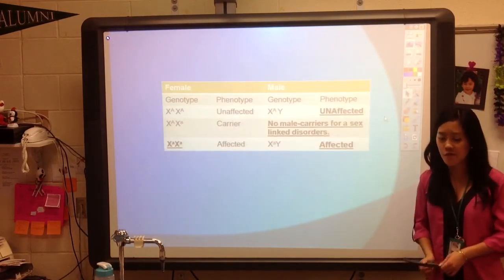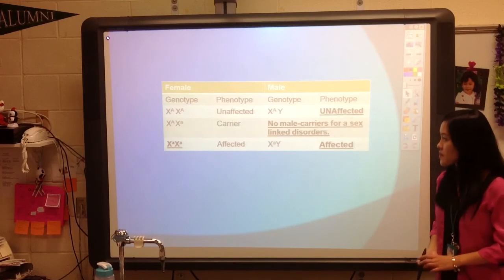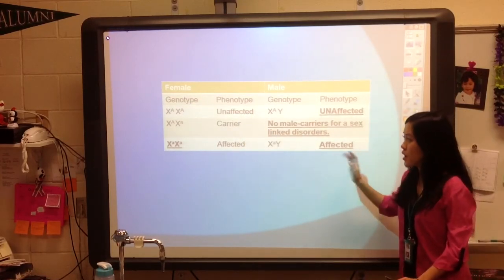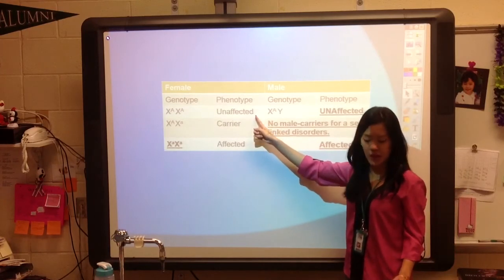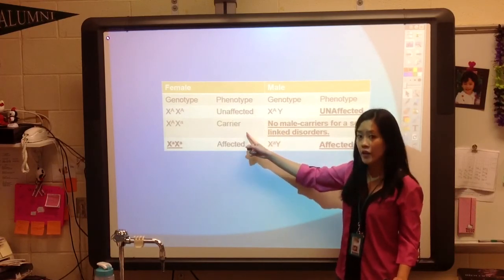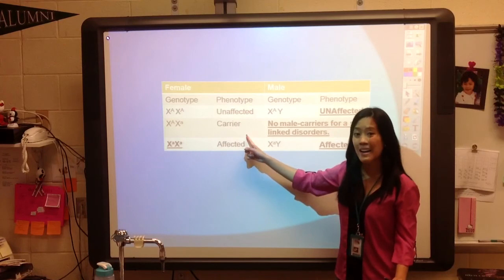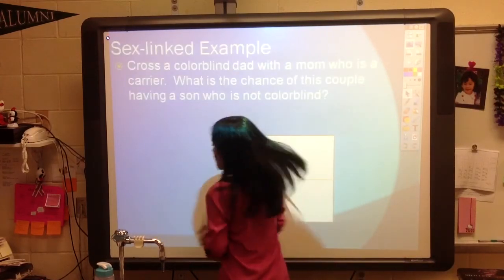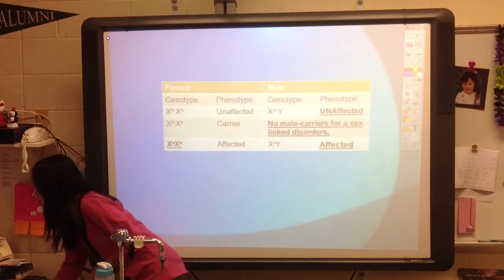Here's our chart for sex-linked disorders. Notice it's separated for females and males. If you're unaffected, that means you don't have the disease. If you're a carrier, that means you can pass on the disease, but you're not sick. So make sure you add in not sick for the carrier.